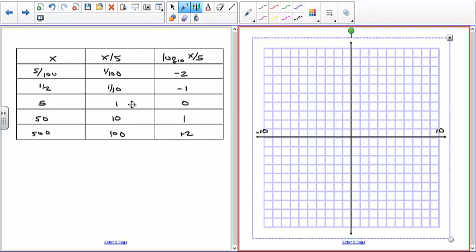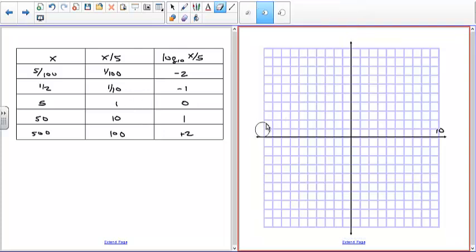In the y direction, I can leave it the same. In the x direction, I have to build in what's going on. So I go from 5/100 to 500. So I probably say this is 500, this is -500. This is +10, this is -10. So I'm going to plot x versus y.